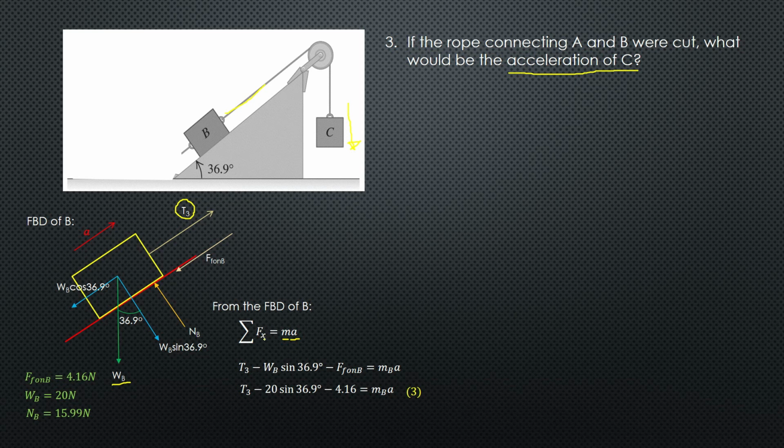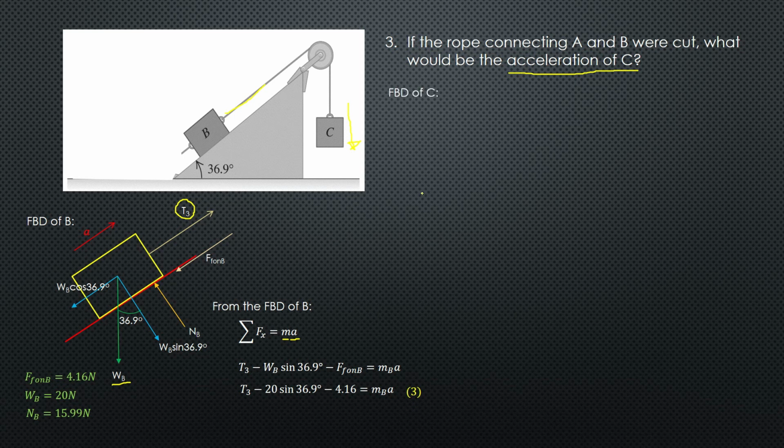So the summation of forces along X, considering the motion: T3 positive minus WB cosine 36.9 minus the frictional force will be equal to mass of B multiplied by acceleration. So there's motion here. Now simplifying, you get the weight component of block B and frictional force 4.16.